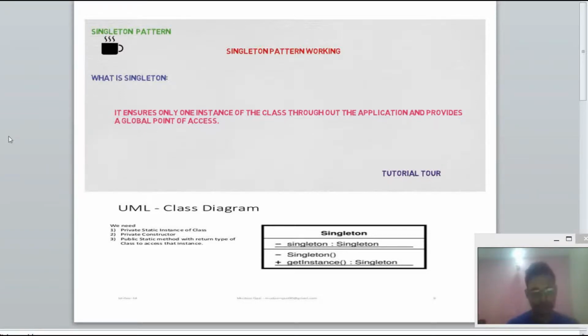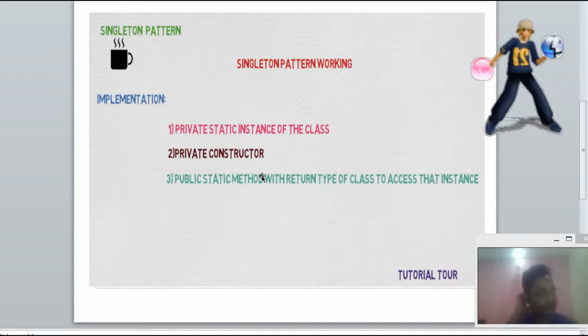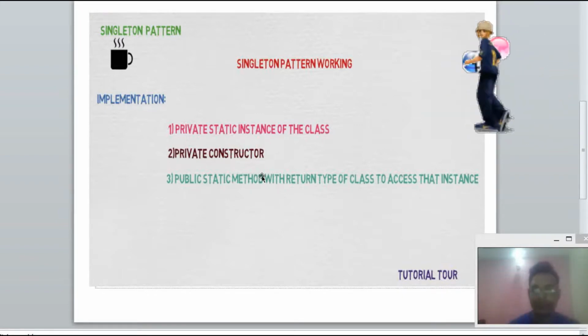So how will we implement this? Let's go through the implementation. First, we will create a private static instance of the class. Second, we will create a private constructor.